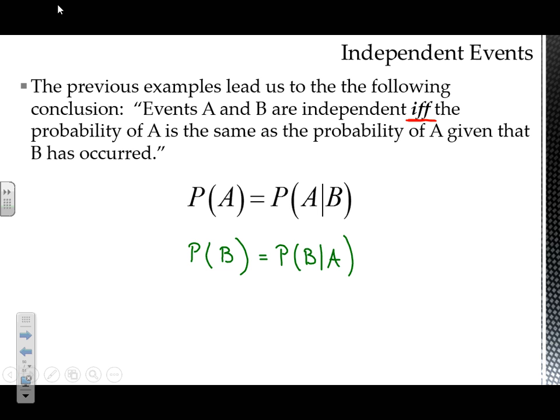So when you look at it, you want to determine, is event A or event B easier to calculate as far as probability? Whatever one's easiest to calculate alone, go ahead and choose that one as your lone probability. But then you need to make sure you calculate that probability again with the condition that the other event has happened.